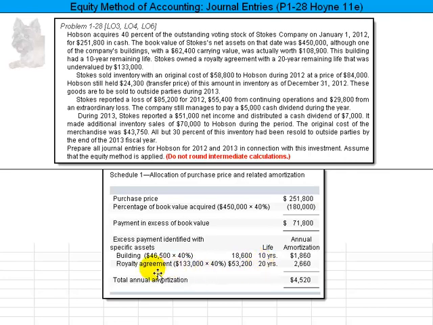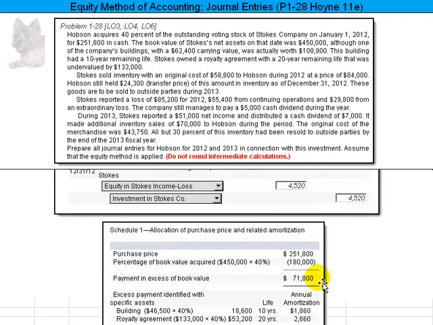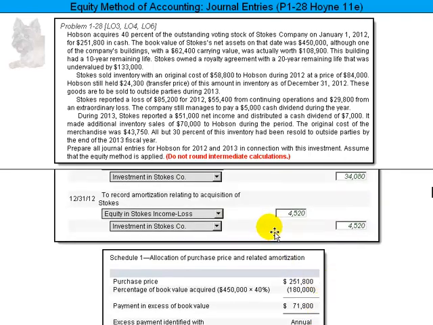There was a royalty agreement as well, undervalued by 133,000, right? So 40% of that is 53,200, and we need to amortize that to the tune of 2,660. So when we add those together, we come up with the total annual amortization that goes into the 4520 needed to make this entry you see here.